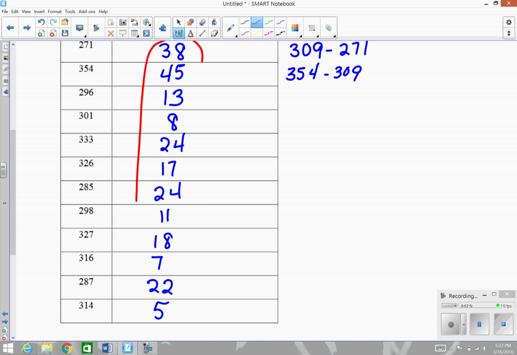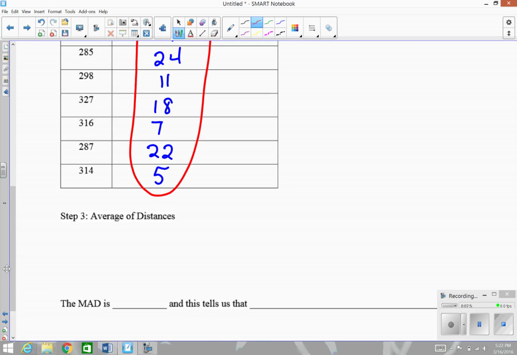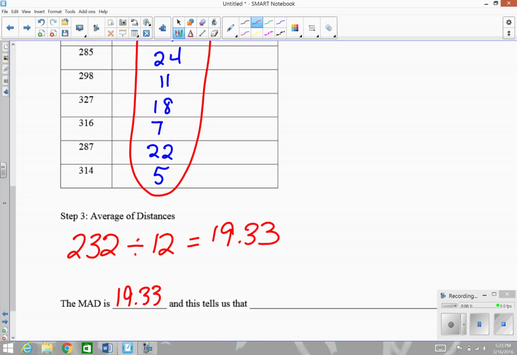So I'm going to take all of these and add them up, and we get 232, and I will divide by the number of numbers, which was 12, and we'll get 19.33. So the MAD, the mean absolute deviation, is 19.33.